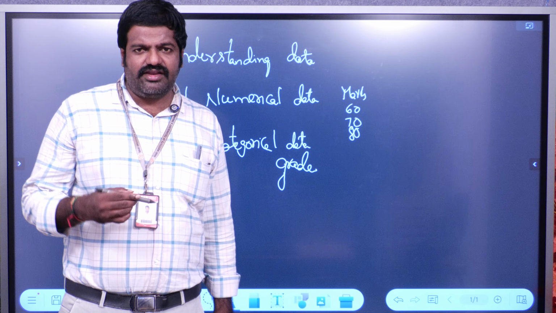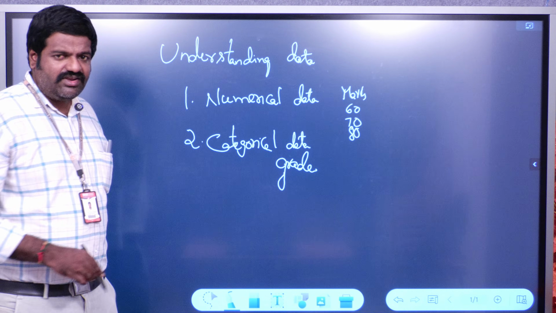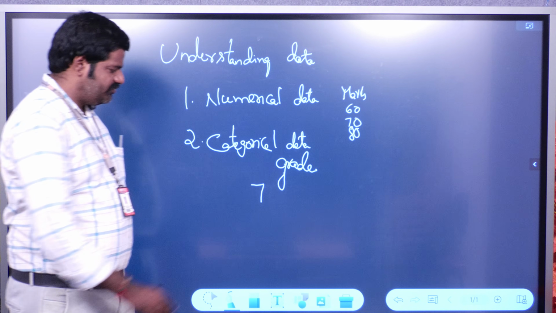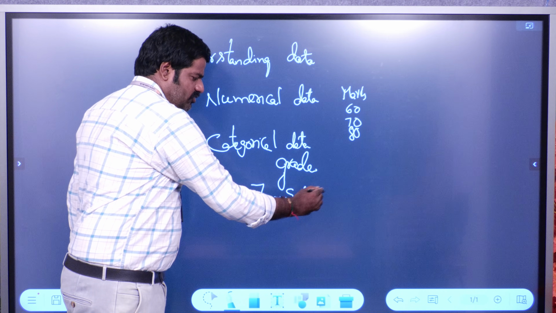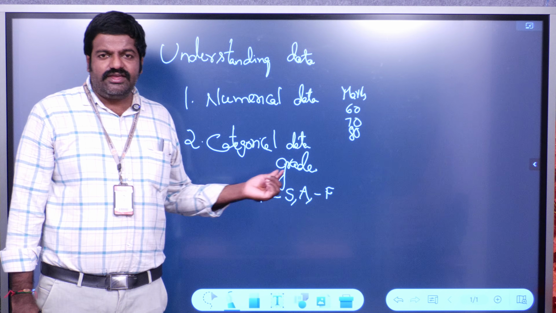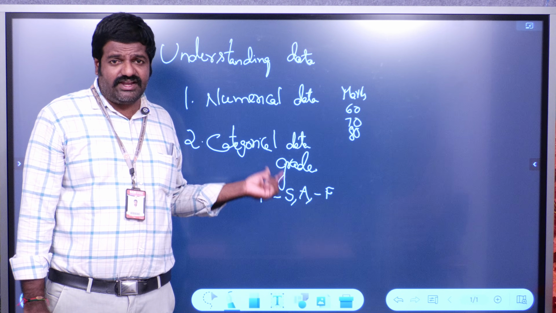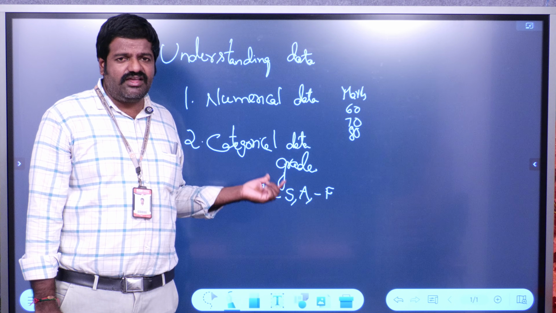Either S grade, A grade, B, C, D, E or F grade. So there are 7 distinct values, grade S, grade A to grade F. This is called categorical data because we have categories: S category, A category, B category, and so on.